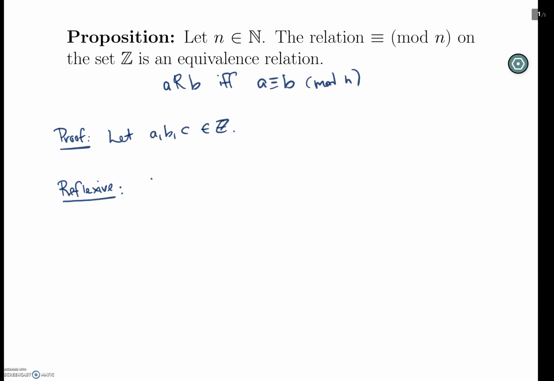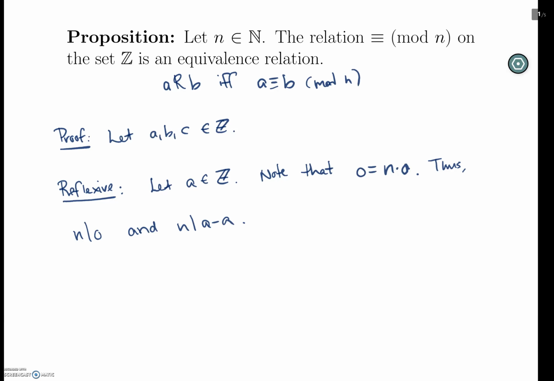So, if we let a be an integer, we will first note that 0 is equal to n times 0. Thus, we can say that n divides 0, and more importantly, n divides a minus a.